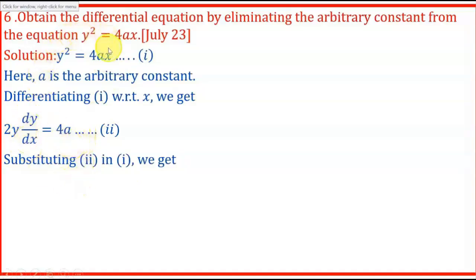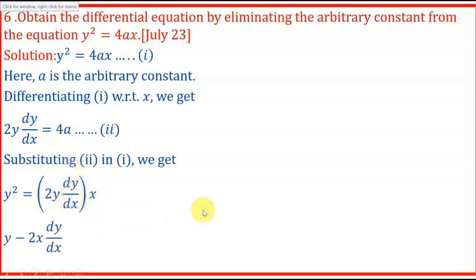Put this value in equation 1. Then you will get y square is equals to, in place of 4a, 2y into dy by dx, bracket complete, into x. And hence you will get y square is equals to 2y into dy by dx, bracket complete, into x. Now cancel y on both sides, then you will get y is equals to 2x into dy by dx.